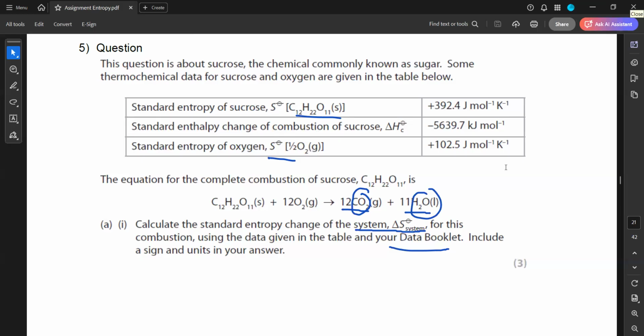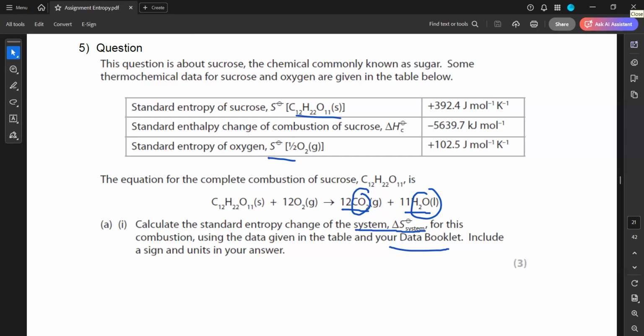So from the data booklet, we find the value for carbon dioxide. Can we just divide the enthalpy change of combustion by the temperature and use that for the product side?